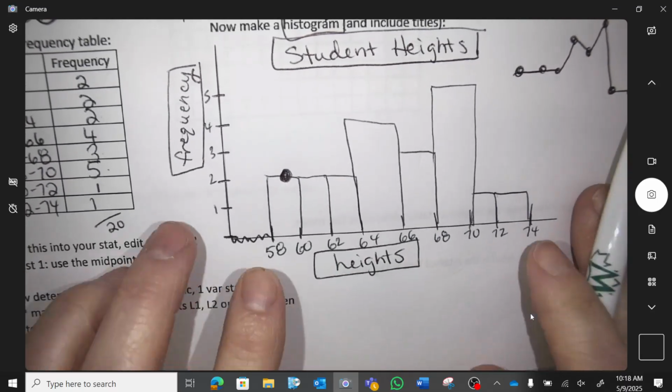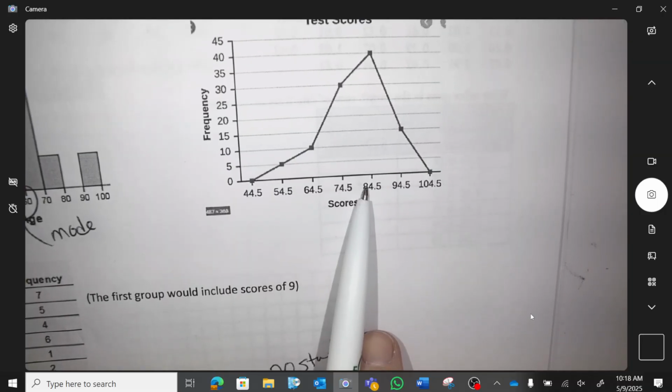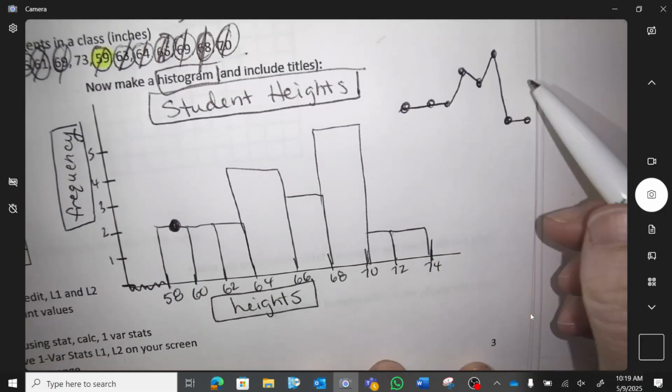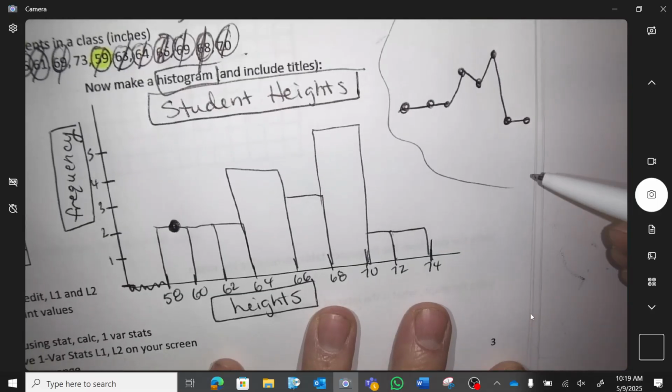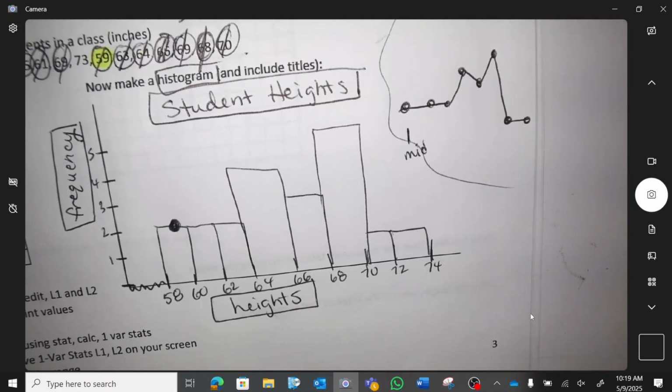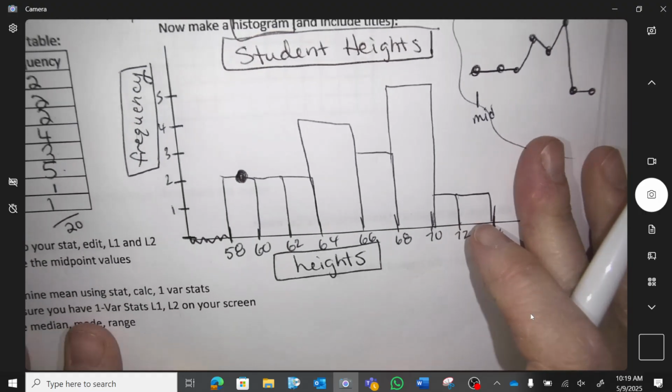For a polygon graph, a line graph, this is what it would have looked like. This dot would have lined up in the middle between 58 and 60. Those dots have to be in the middle. Okay, so here we go.